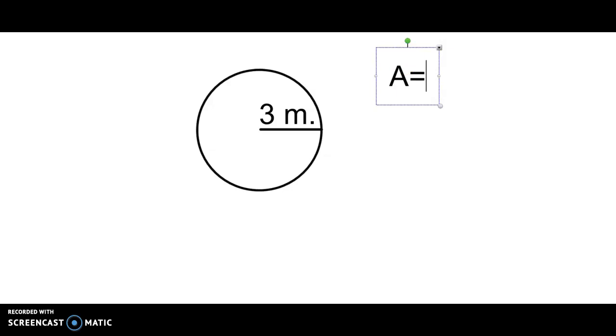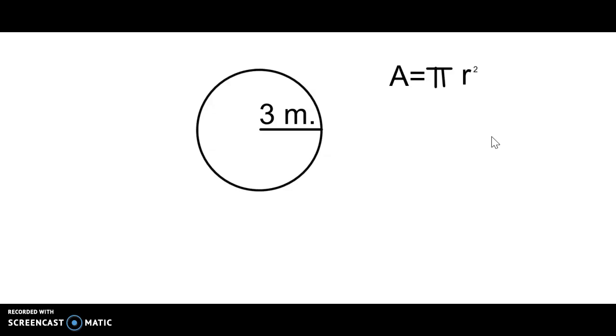I'm going to have to draw the symbol for pi here. Pi has a squiggly line, not the straight line. Pi r squared. So we're going to make this real small to look like the squared symbol and put it right there. So there's our formula for the area of a circle.